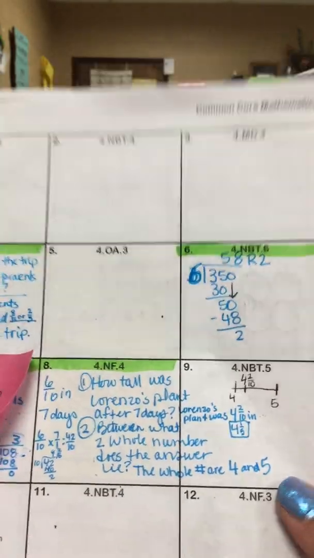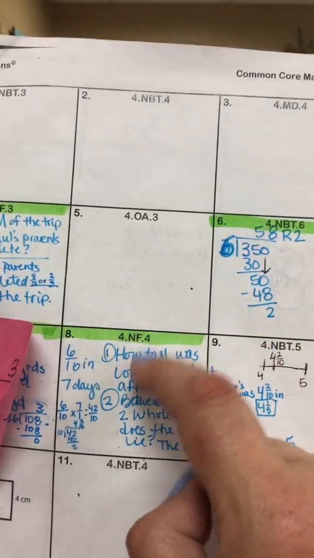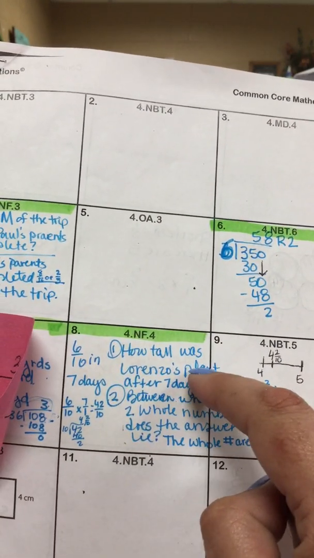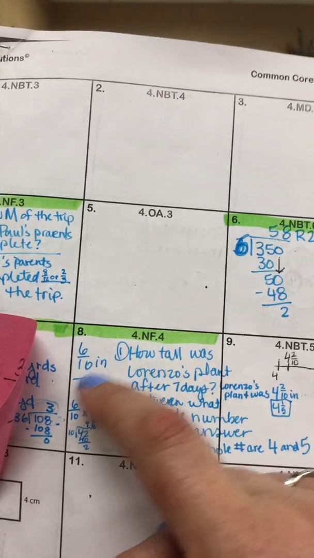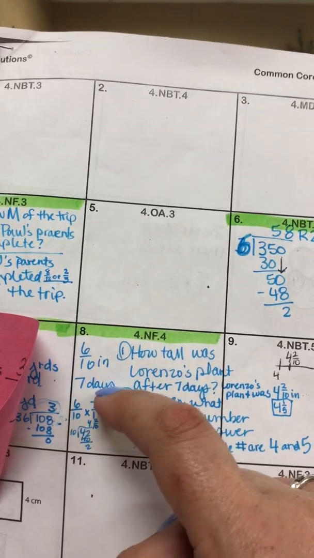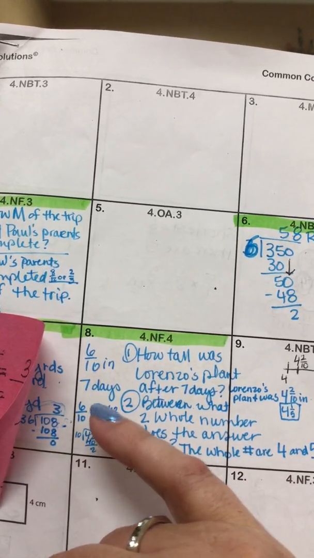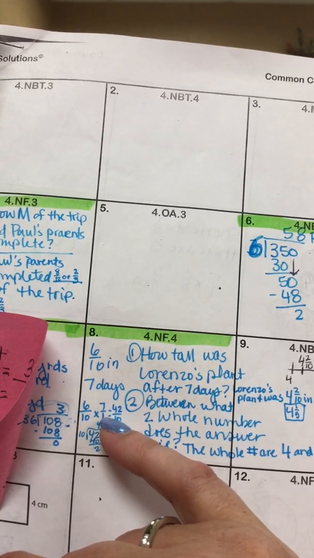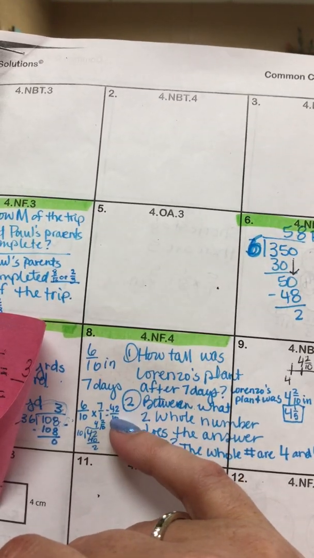On this next one, we've got a question. It's a 2-part question. And the first part was, how tall was Lorenzo's plant when it grows 6/10 of an inch and it grows that much in 7 days? So we took 6/10 times 7 days. So we had to put it in the whole number over 1 to make it where we could multiply two fractions, which we get 42/10.